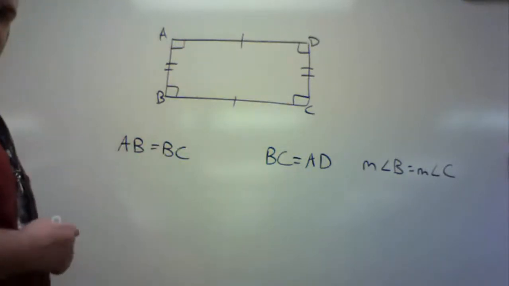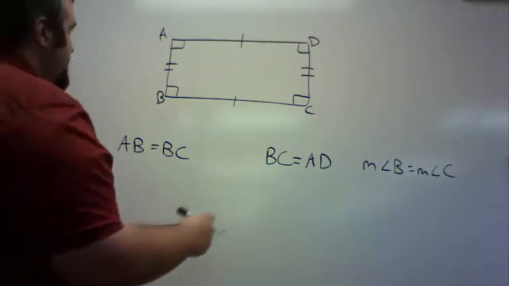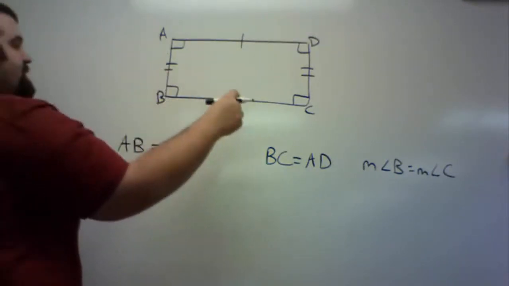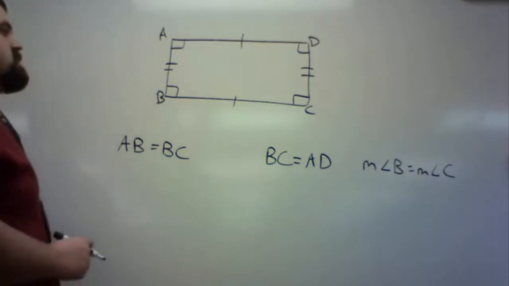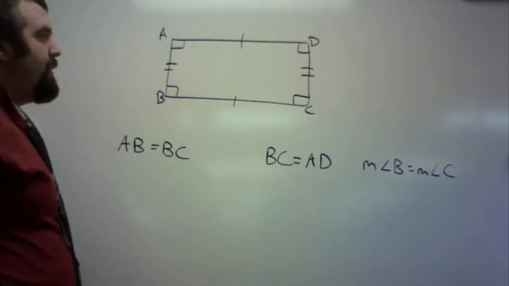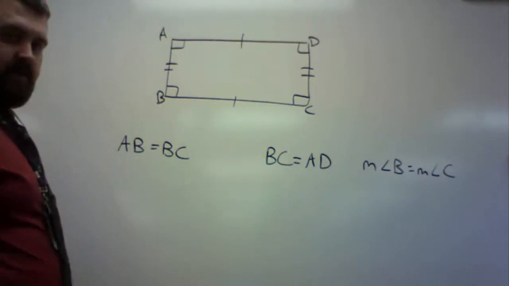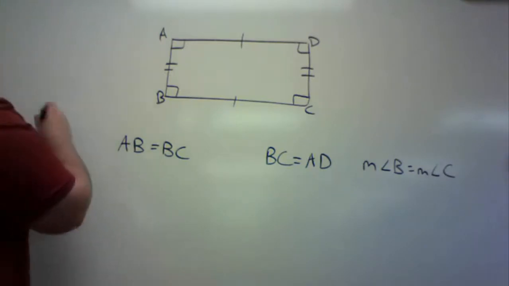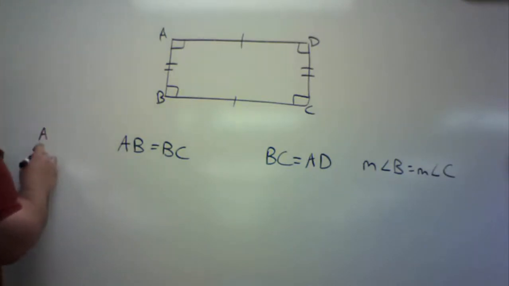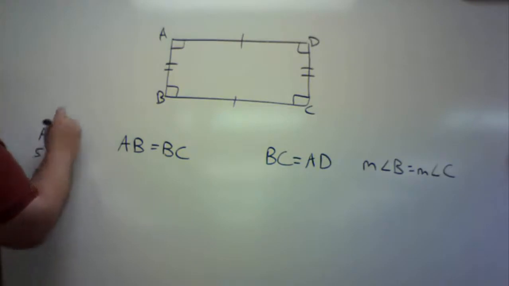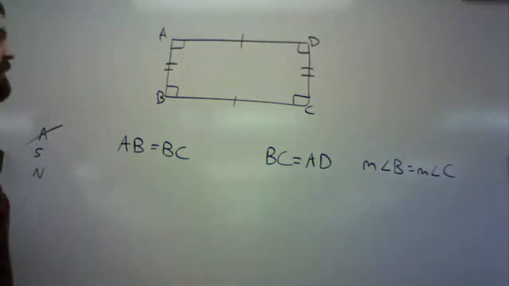Now let's check what is true here. It says segment AB and segment BC are the same. Now, I know it's not always, so always has been crossed out. So if I had three choices here, always, sometimes, and never, always has just been crossed out. Now, are they restricted to never being the same length?